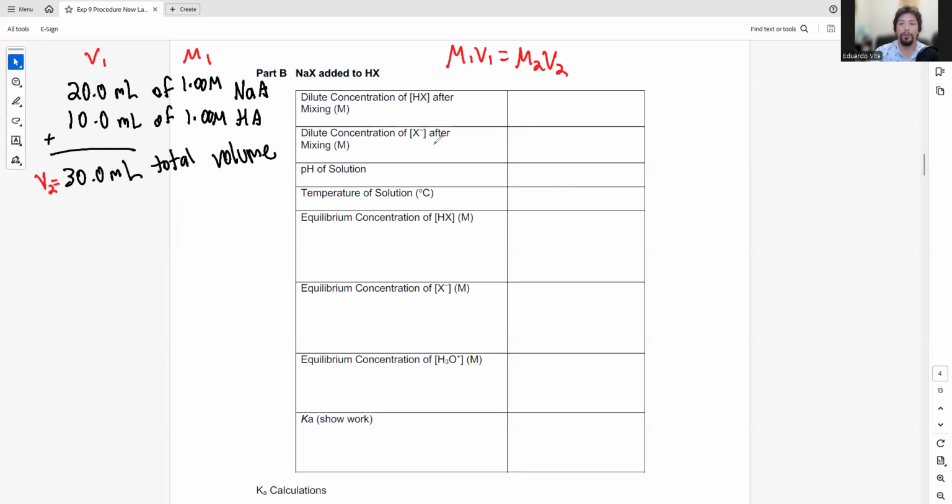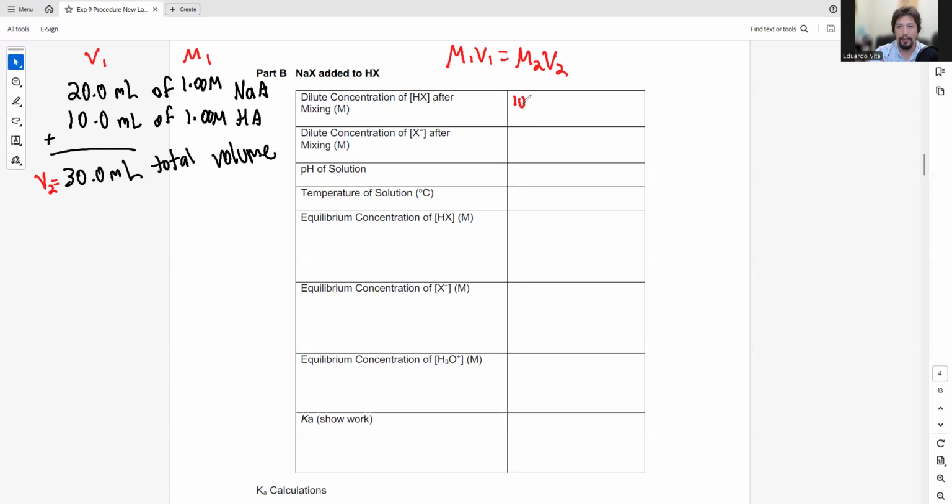So then for both of these parts, in the top and in the bottom, dilute concentration of HX and X minus, you can calculate that by using M1V1, M2V2, and solving for M2 for both of these examples. So let's go ahead and do it for the HX. Or in this case, HA, HX, XY, whatever I'm doing here, you can do for HY as well. So we have 10 mils of 1 molar, so that is M1 and V1.